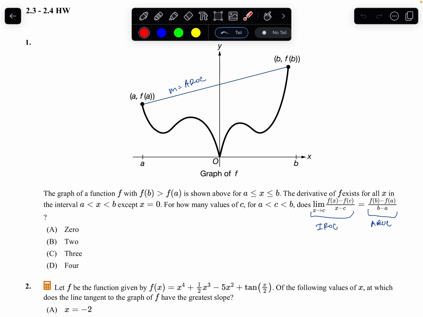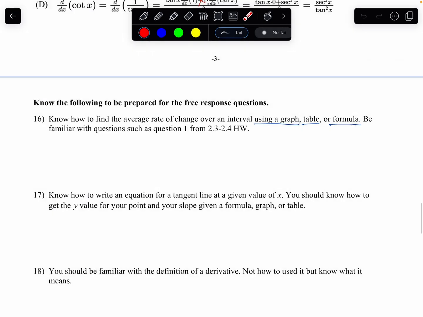So how many times can I make a tangent line in this interval where the tangent line slope will match the slope that's given here. So that's about 1, 2, 3, 4. If you know how to do this problem, you'll be good on the problem that I'm going to have on the test, okay?